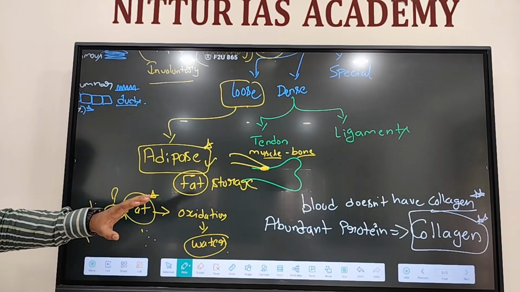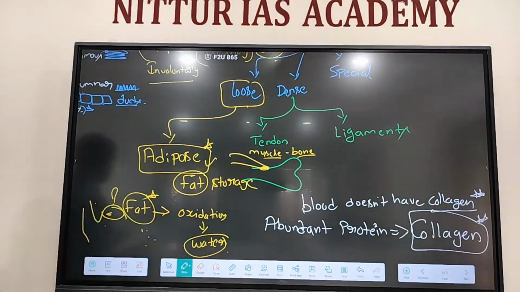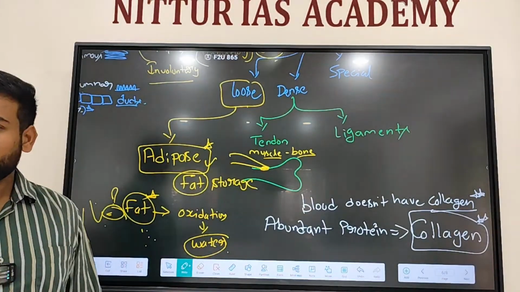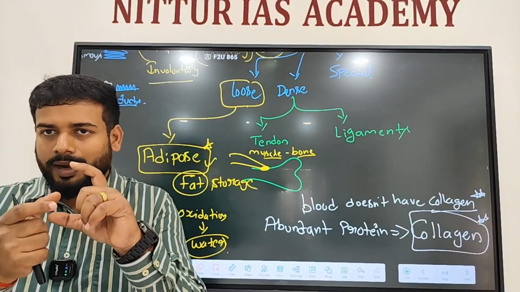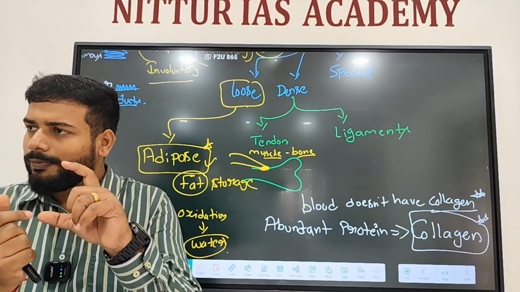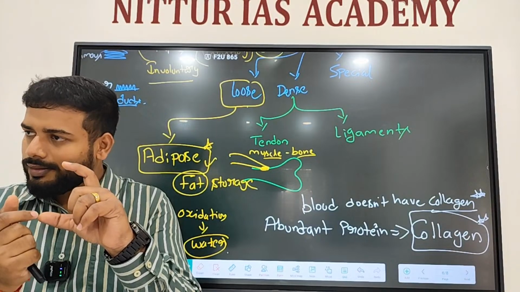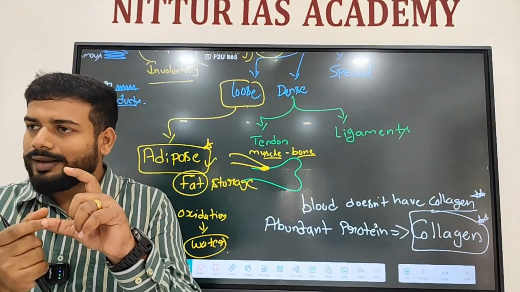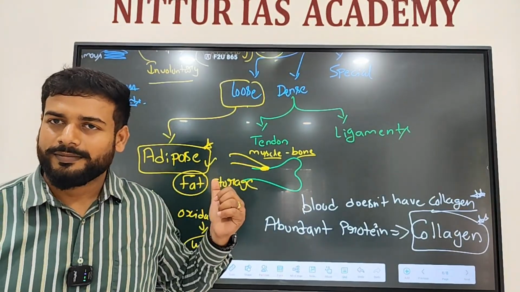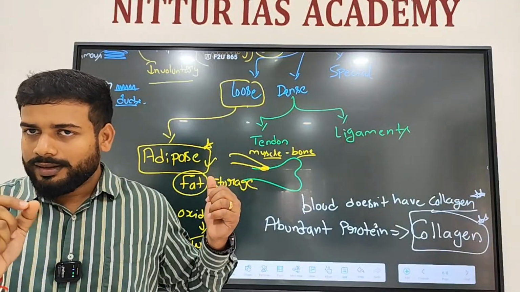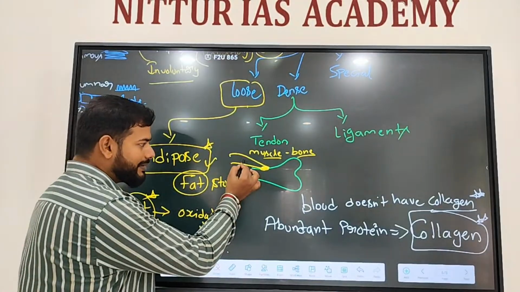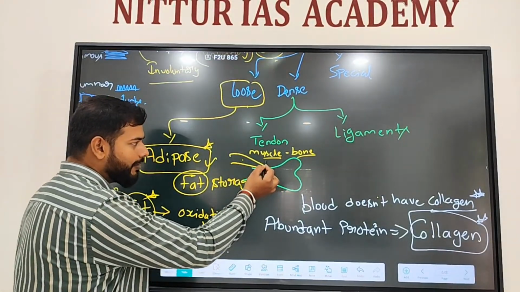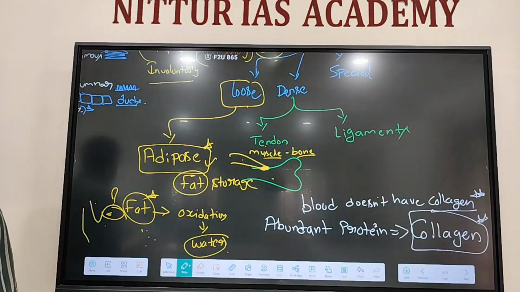Non-vegetarians, you have seen the leg piece. To the leg piece, the fleshy part, muscle is attached at a single point, right? That part where the muscle is attached to the bone is called the tendon, muscle to bone.